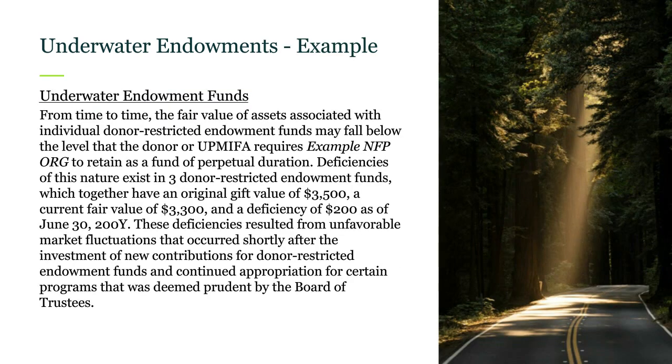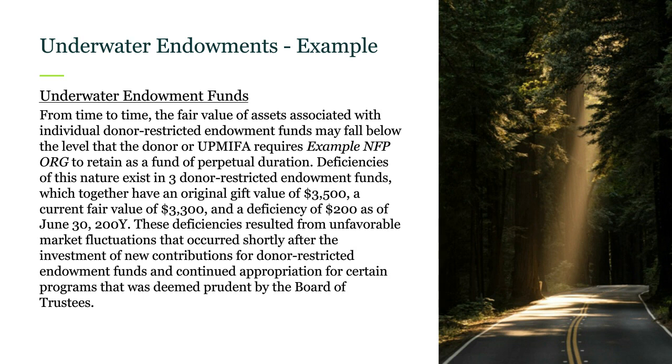So here's an example of what the disclosure might look like. From time to time, the fair value of assets associated with individual donor-restricted endowment funds may fall below the level that the donor or UPMIFA requires the not-for-profit organization to retain as a fund of perpetual duration. Deficiencies of this nature exist in 3 donor-restricted endowment funds.